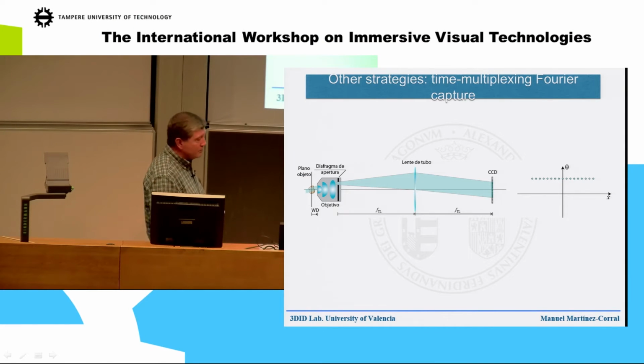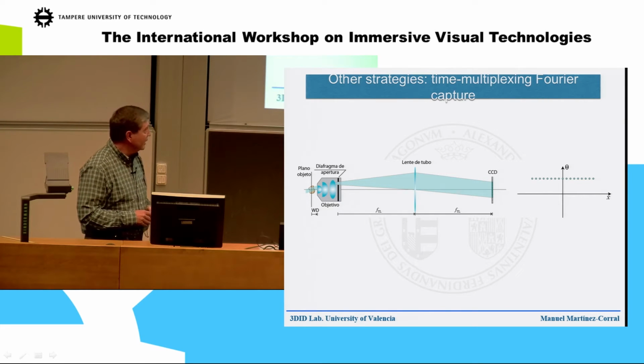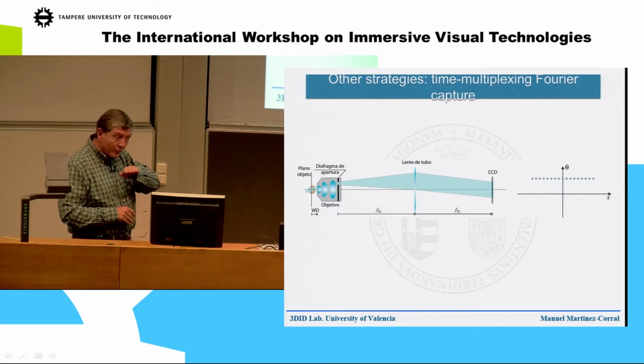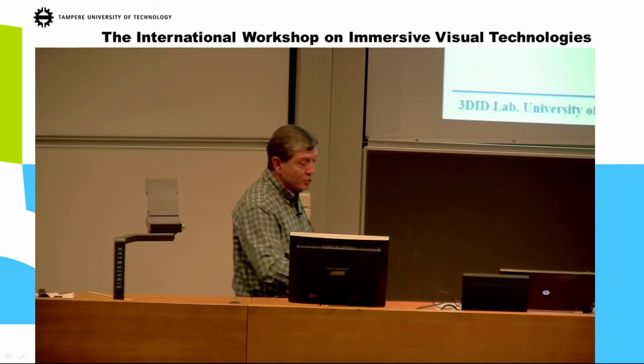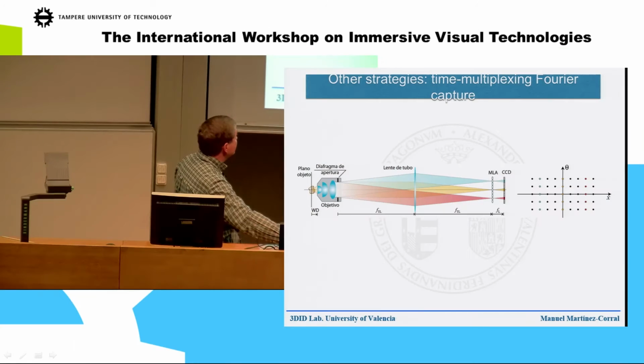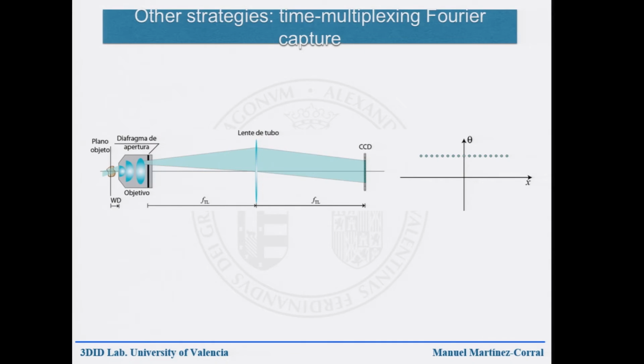In this way, if we make this window in the aperture stop, we can use all the resolution of the sensor. And then we are capturing only one row, but with much higher resolution. So this is a conventional integral microscope, and this is the windowing, the aperture stop.